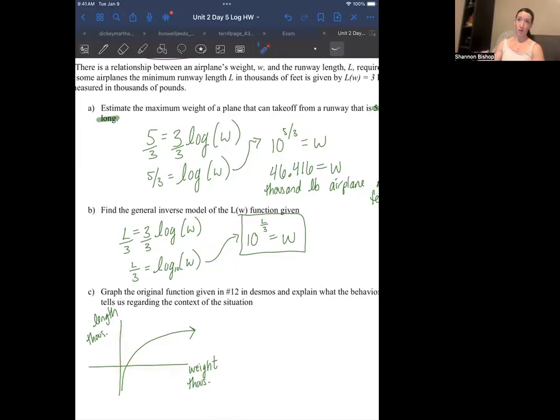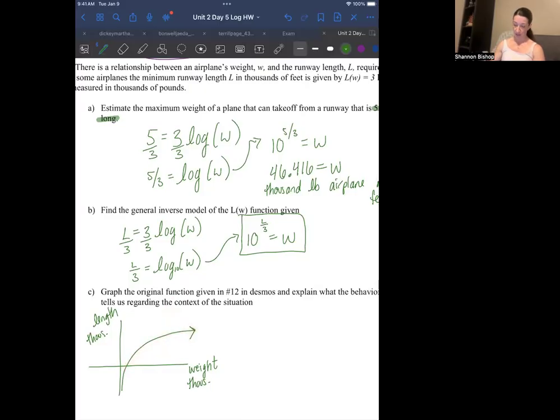Certainly, heavier planes need longer runways. That makes sense. But again, you can tell that it's increasing, but by less and less and less. A normal exponential function increases more and more. But this isn't an exponential, it's a logarithm. So instead of increasing more and more, this one increases, but by less and less.